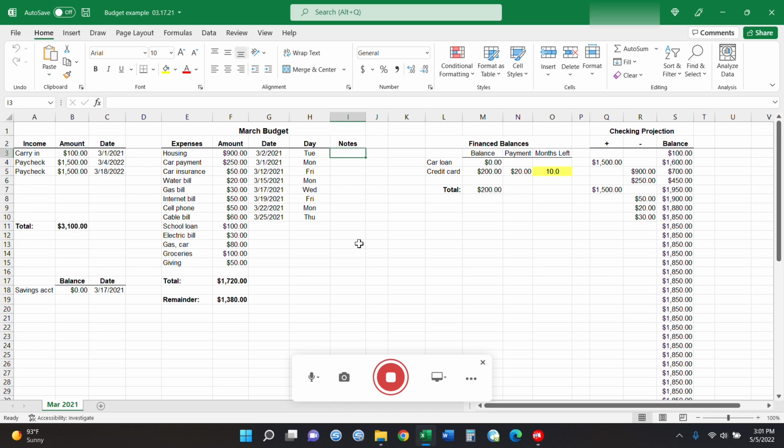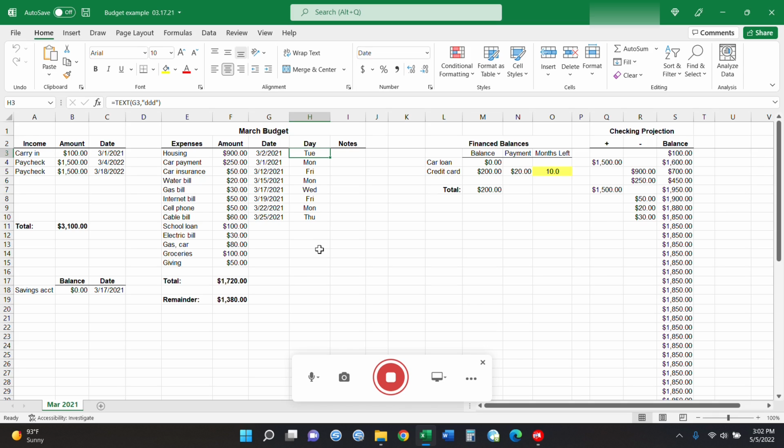And then what we have going on here is that we have a day of the week. And the reason that I have this day column in here, and I'll let you look at this formula here real quick, which is really handy, is that this basically helps you to know, is this really going to process on time?